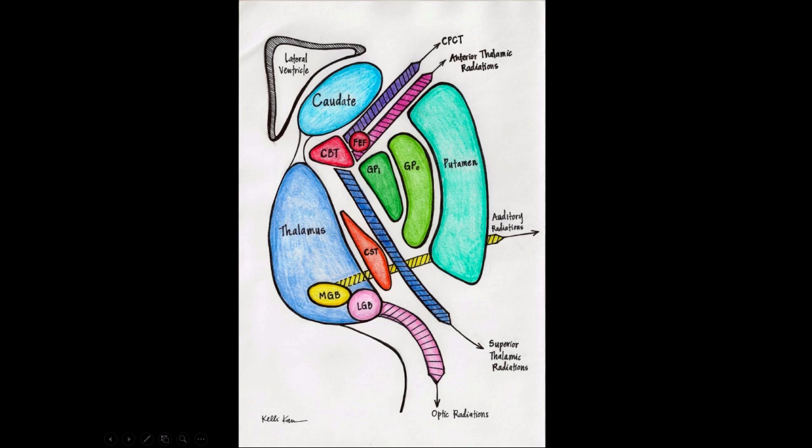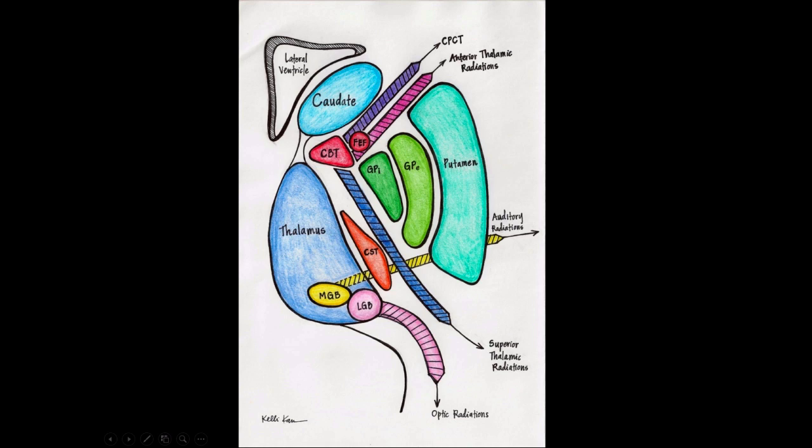The corticobulbar tract is here at the genu, and this is the pathway where the cortex communicates with the brainstem. Then here in the anterior limb, we have three pathways. Most of the corticopontocerebellar tract, which we've talked about quite a bit, goes through the anterior limb of the internal capsule. The frontal eye fields that are involved in horizontal eye movements travel through the anterior limb of the internal capsule.